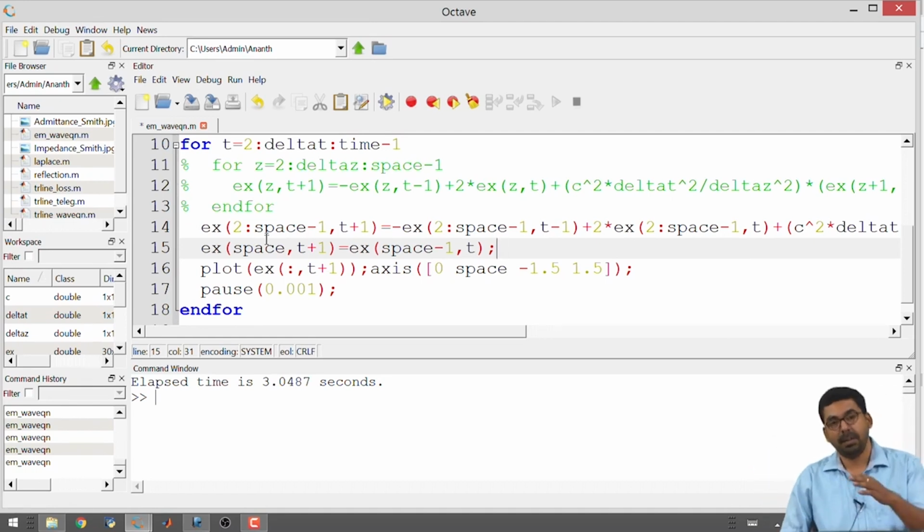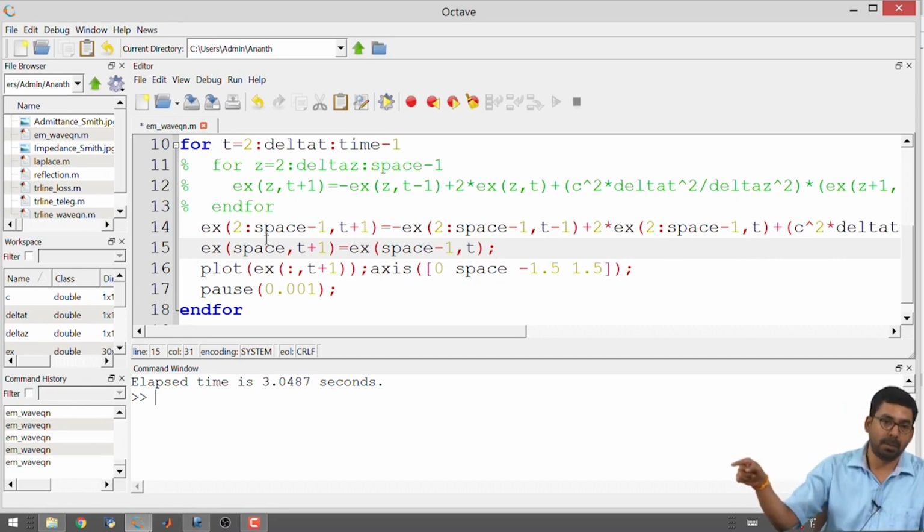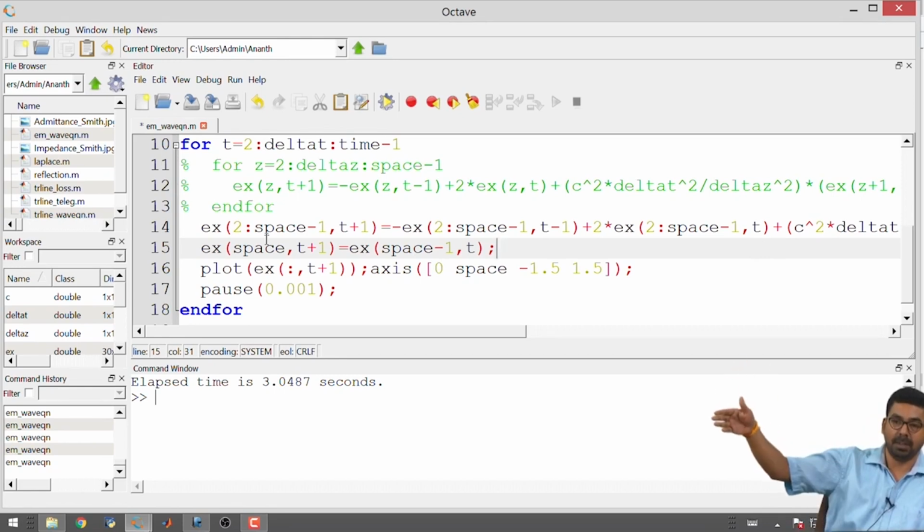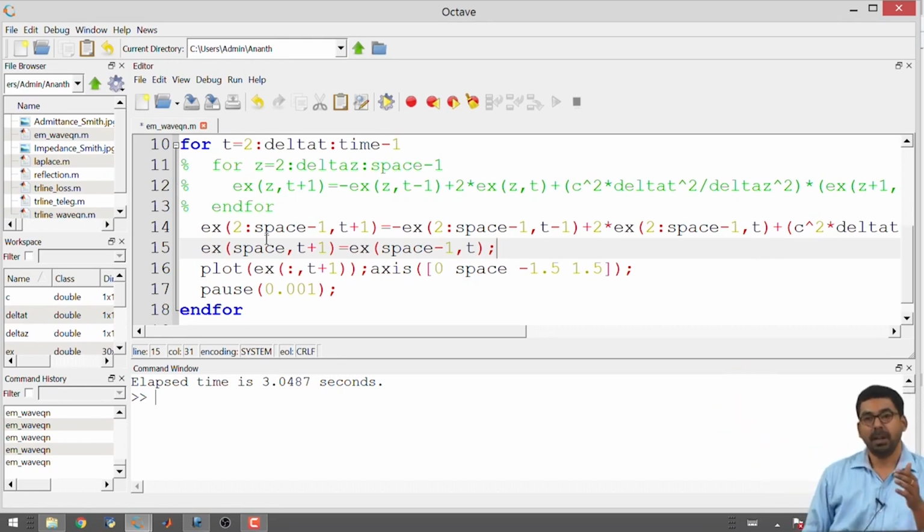What this means is if your wave is traveling, it is going to travel one spatial grid point in one unit of time. Now, in your boundary what you are doing is you are not using the wave equation to update the value of electric field on the right side. Now, suppose a wave is traveling, that is the peak of the wave is moving.